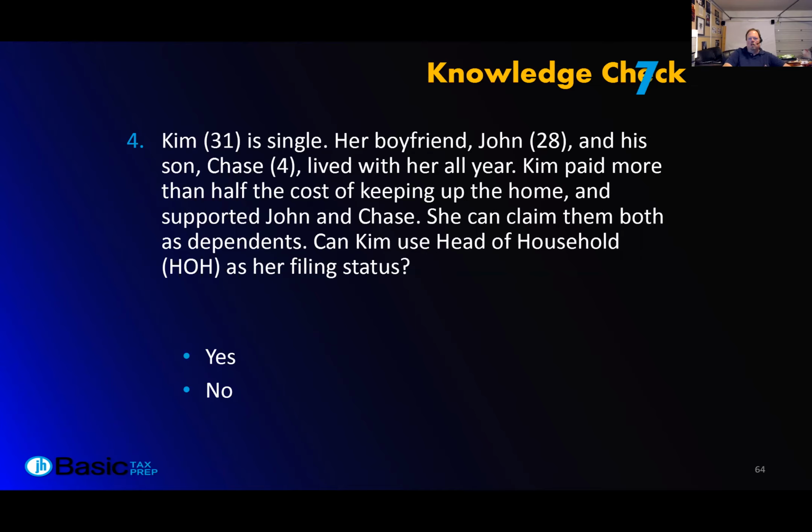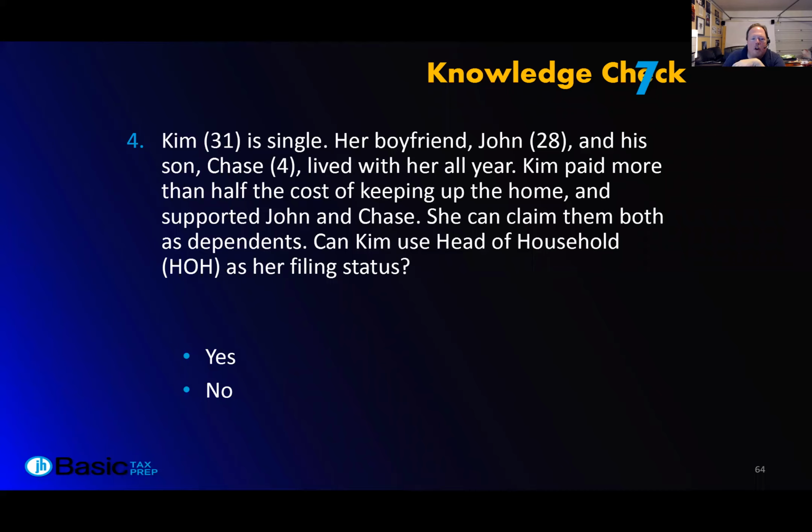What are the important parts? They live together for more than half a year. She made the payments, because it says that. You can claim them both as dependents. But they're not related. You're not blood. What is the key word here?